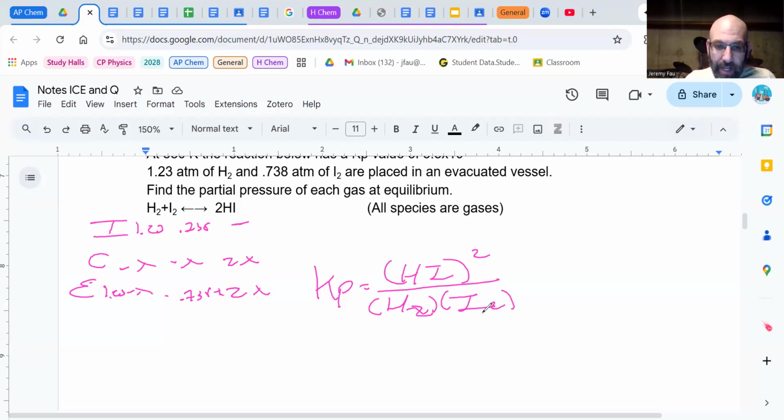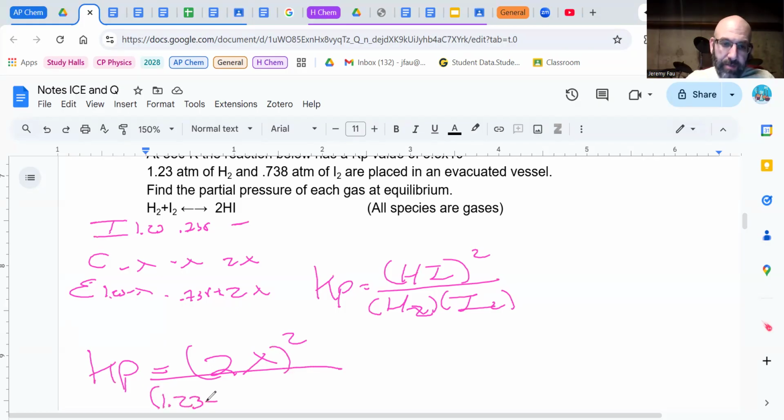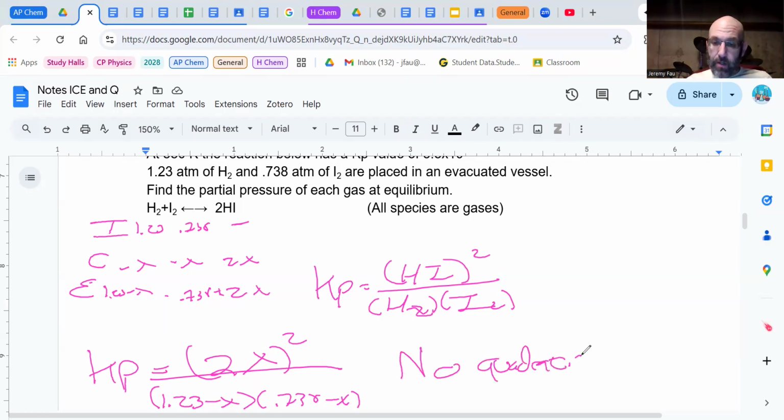If we plug all of that in, we would be left with Kp equals 2x squared over 1.23 minus x, and then 0.738 minus x. And this ends up being a horrible quadratic mess. And this is not something that we ever have to deal with in AP Chem. No quadratic formula, all right, ever.